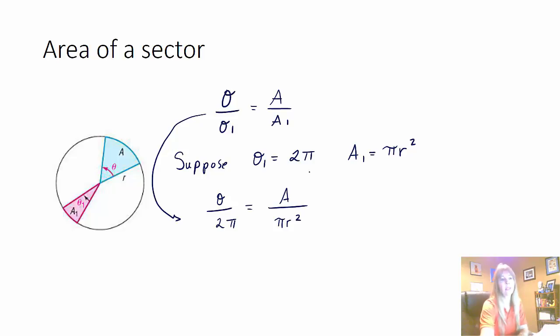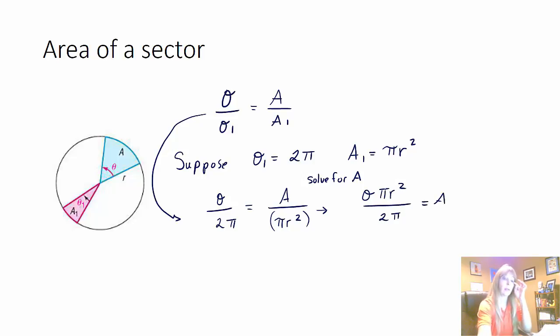If I solve this for A, because that's what I want to do, I want to find the area, notice that this whole piece goes up top, so I'm going to have theta pi r squared over 2 pi equals A. And the pi's, of course, cancel. That's solved for A, but typically you will see the 1/2 brought out front because the 2's on the bottom.